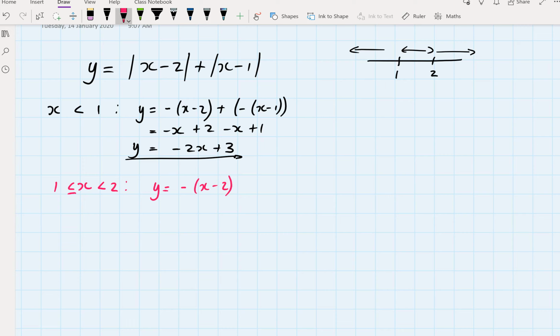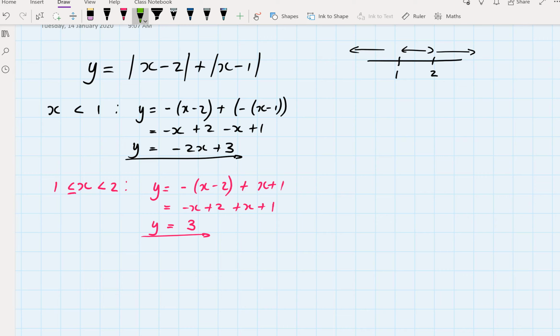The second one, however, 1.5 is going to make that bracket positive. Anything bigger than 1 is going to make that bracket positive, so it can just stay as it is. So in other words, I'm going to have minus x plus 2 plus x plus 1. Now, I've got minus x plus x, the x is going to go, and I've got y is equal to 3. Well, that's just a horizontal line. Between 1 and 2, I'm going to have a horizontal line.